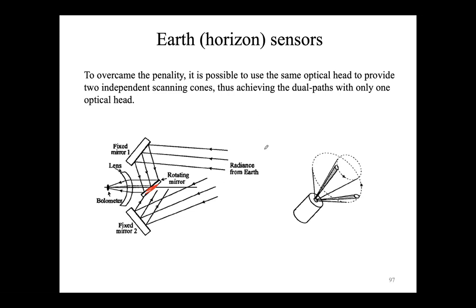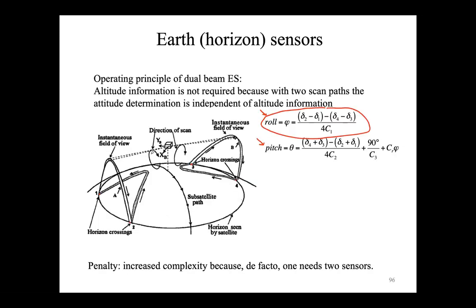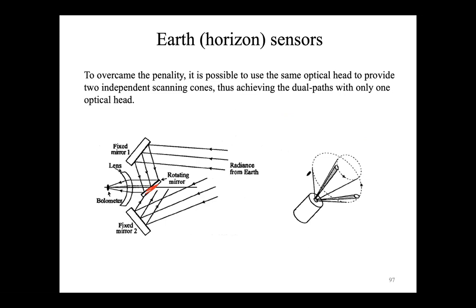So basically, with one instrument, you are able to do what was in principle suggested with these dual Earth sensor configurations. With this dual scan configuration, you can see you will have this scanning of the Earth disk and a second scan, because you have this rotating mirror that is going to illuminate one mirror and the other one by looking at different regions of the Earth.